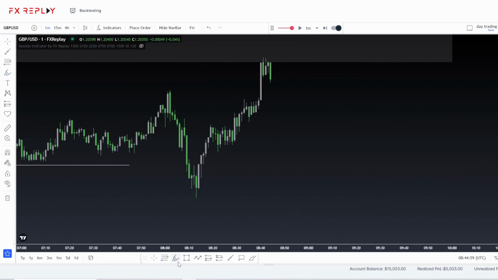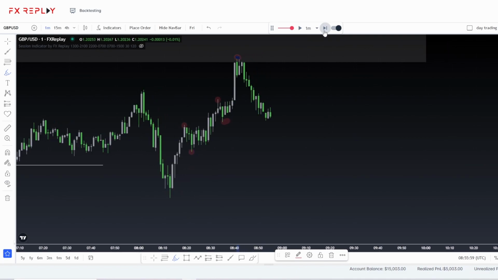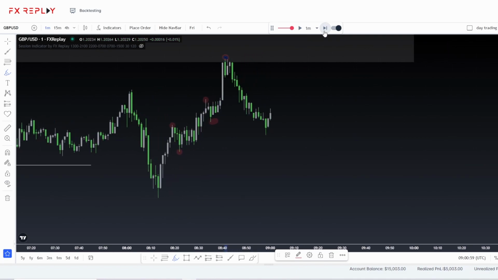As always, we're going to map out the structure. And right there, we have a change of character.